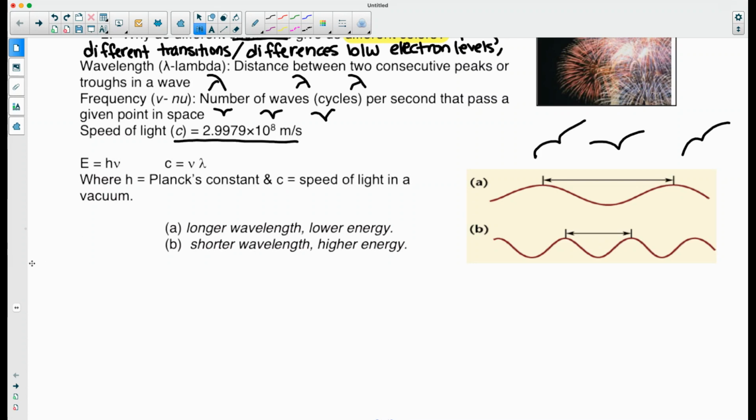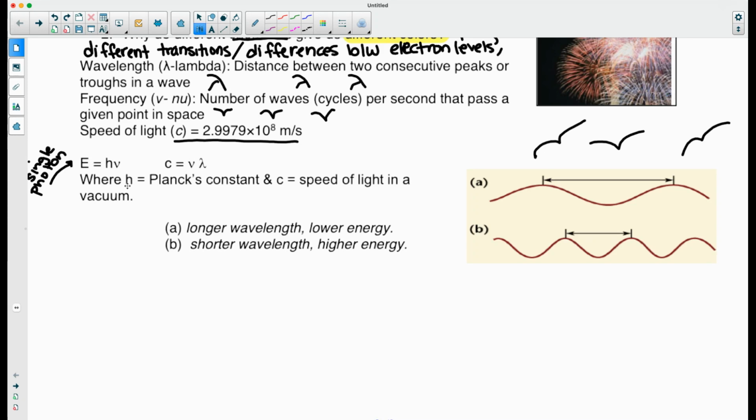This constant and these values are on your formula sheet, so you may want to look at your formula sheet at this point, and on your formula sheet you have all of this written out. We have two formulas: the energy of a single photon, which is how this energy and this light is given off.